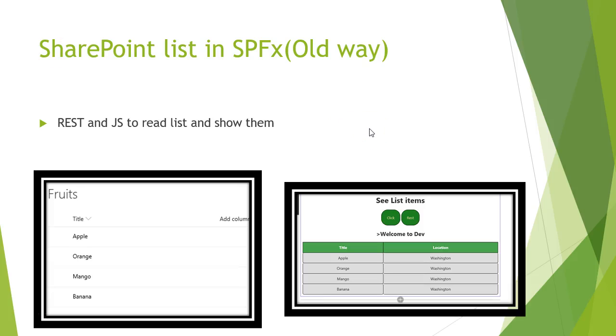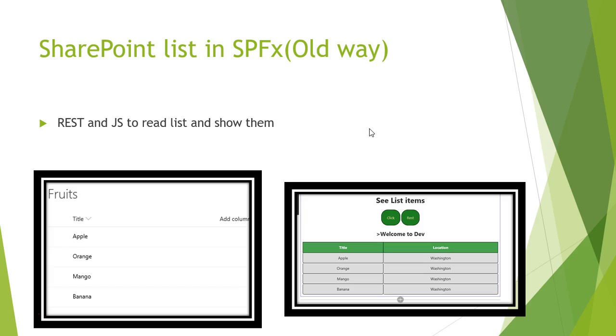Welcome to a short tutorial on how to display SharePoint list data in a SharePoint Framework app using the old JavaScript and REST API way. This is using the old JavaScript in the latest SharePoint Framework app part.